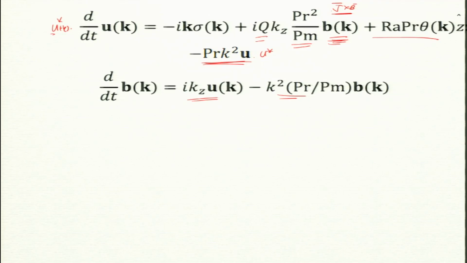E of k, and E of k is always positive. u dot u star is always positive, right, as mod square. So, these are all dissipative terms that dissipate energy, but these other terms can increase the velocity field, right. The temperature is increasing, this can also do something. This can also increase or decrease.